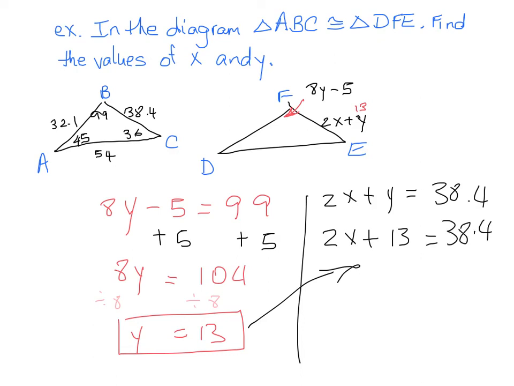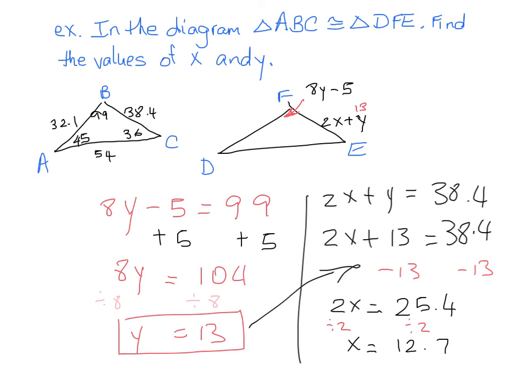We can subtract 13 from both sides, and we get that 2x is equal to 25.4, and by dividing both sides by 2, we get that x is equal to 12.7. Alright, so that's it for now.